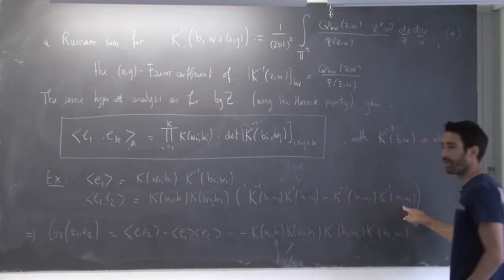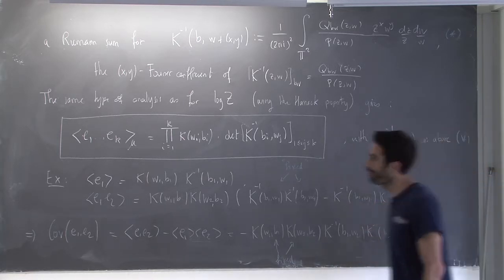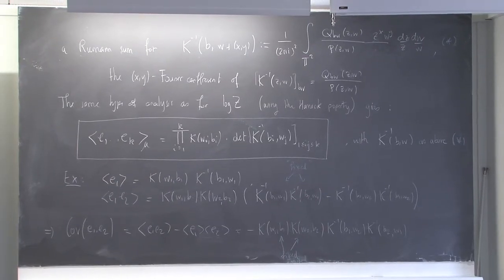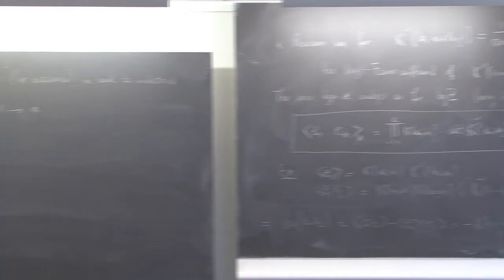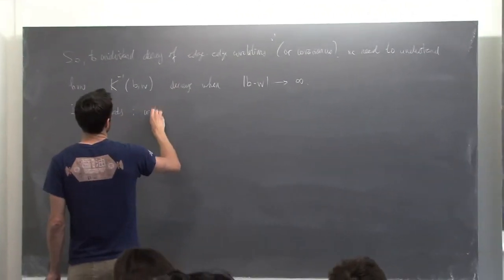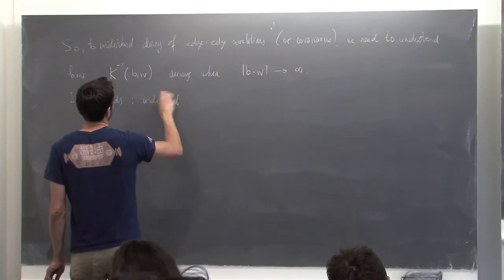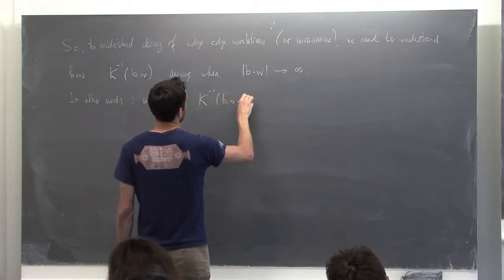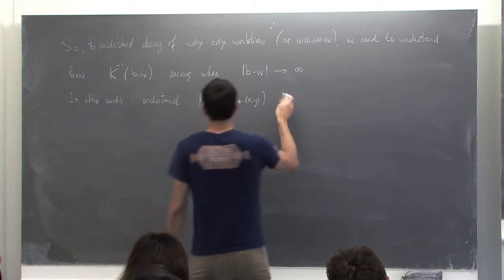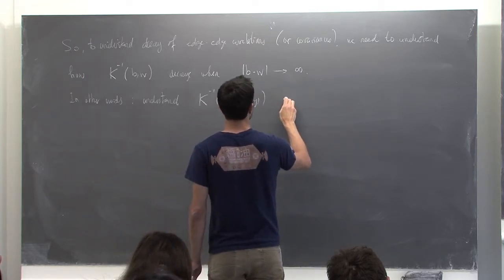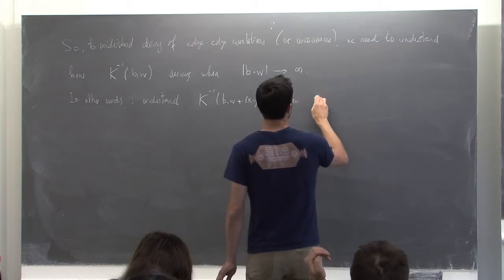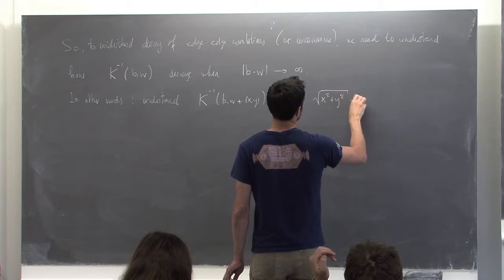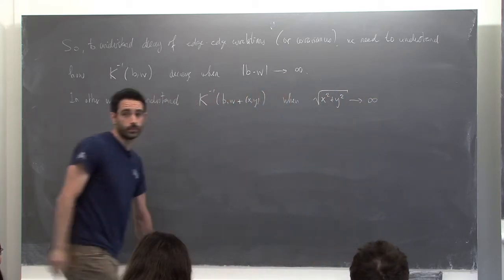It's really these terms here that give you the decay. So in other words, we need to understand how K inverse BW plus XY behaves when, let's say, this goes to infinity.